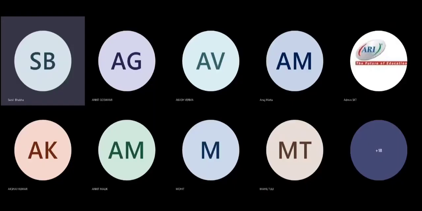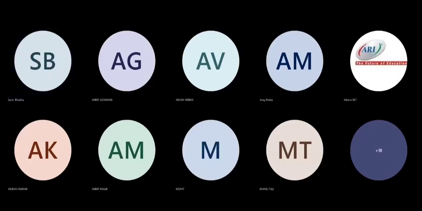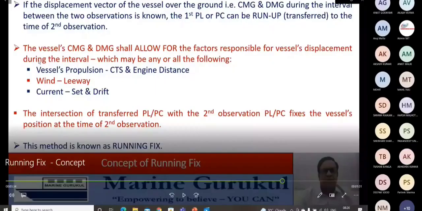So let me show you again. So as you see, we have to allow for vessel's CTS, the leeway of the wind and the set and drift of the current.